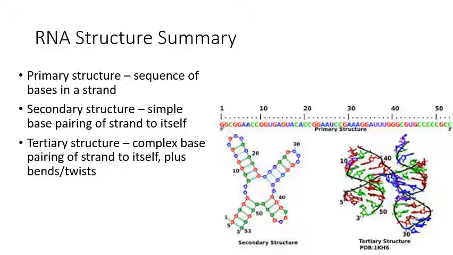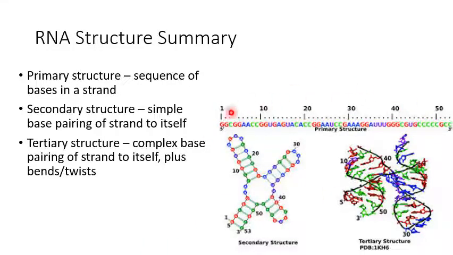That forms basic, simple shapes. Then in the tertiary structure, you have more complex shapes that form. It's still based on base pairing between different regions of the strand, but it's probably going to be parts of the strand that are further away from each other. And you're also going to have the whole thing folding up or bending to make a more complicated 3D shape.